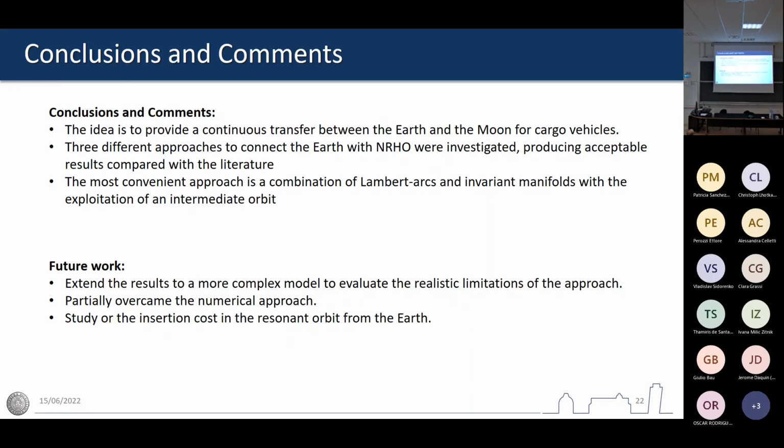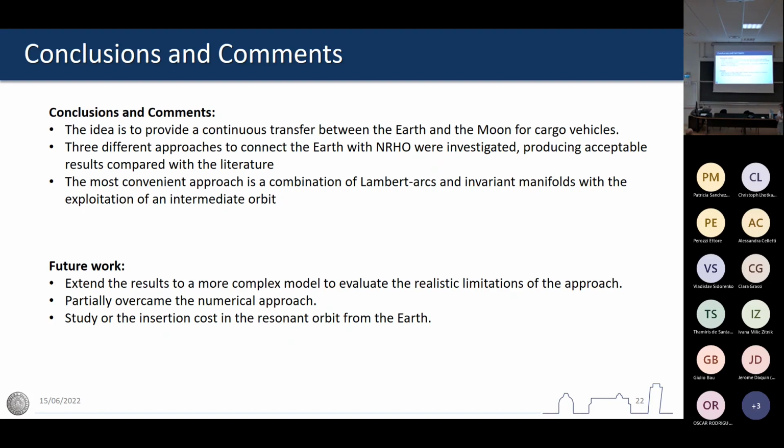So the idea was to propose a preliminary study, because the restricted three-body problem is just the beginning, then we have the validation of the results, to continuously commute in the future between the Earth and the Moon.